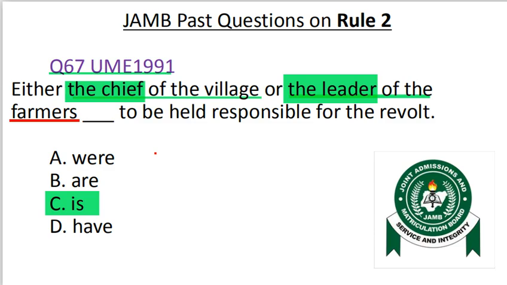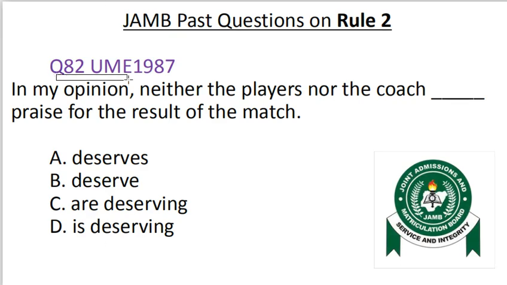The last question for this rule is question 82, UME 1987. In my opinion, neither the players nor the coach dash praise for the result of the match. A, deserves. B, deserve.